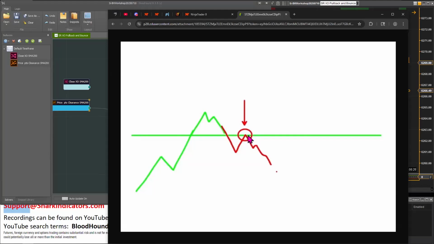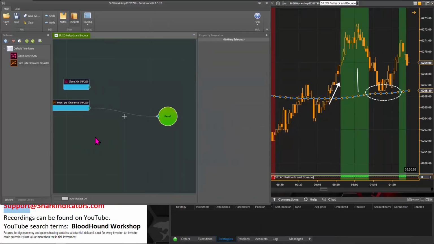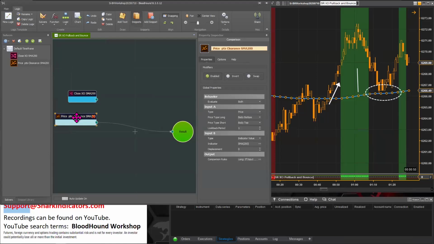And again, this is all very subjective, so you'll have to play around with these values to see what you like. But that is step number 3, making sure that price did pull back to our support resistance level. All right. So this here, let me center this. There we go. So we have one comparison solver checking our separation.